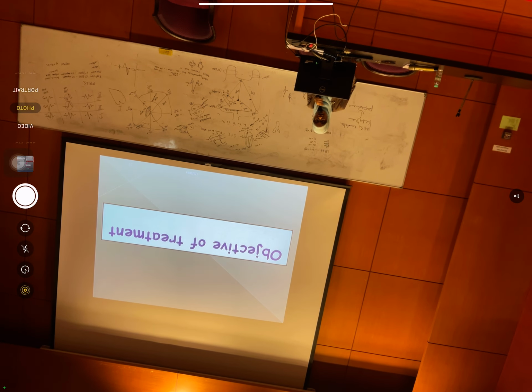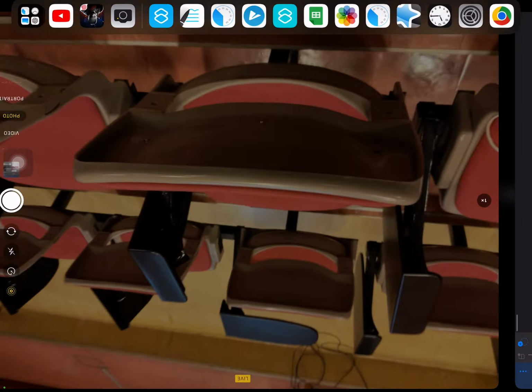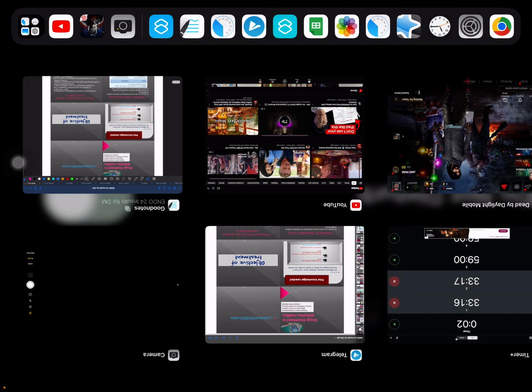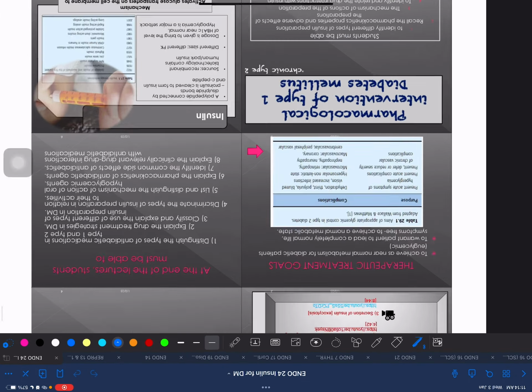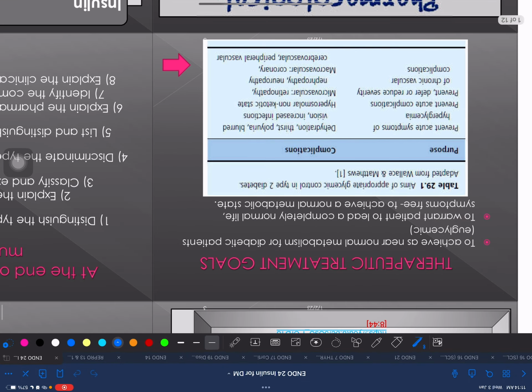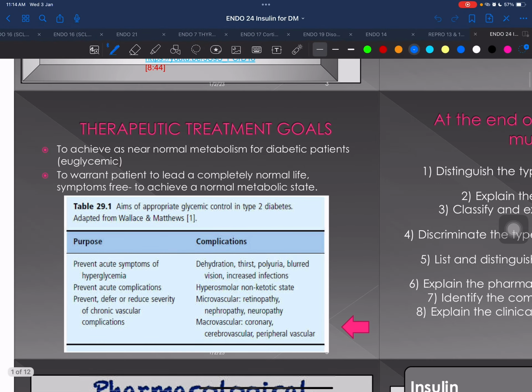Okay, so objective of treatment for anti-diabetic treatment is actually to achieve a near normal metabolism of blood glucose, okay, and to warrant the patient to lead a completely normal life, symptoms free, to achieve a normal metabolic state.